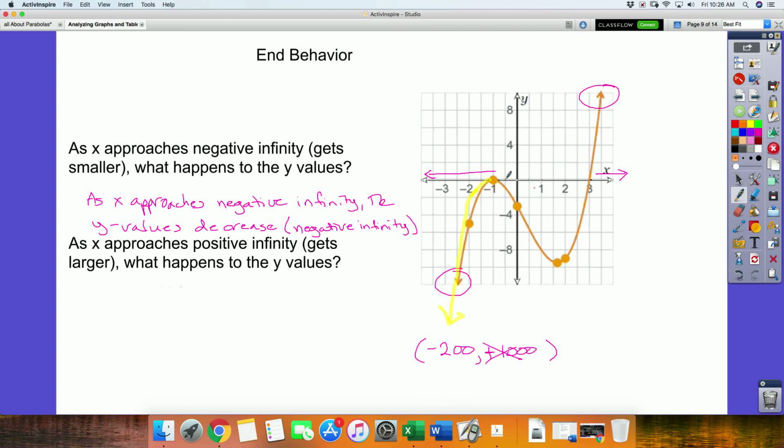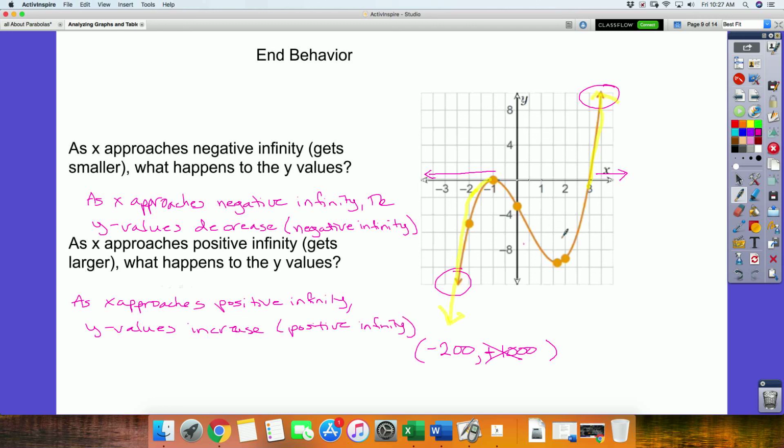So now if we look going this way, as my x is getting bigger, bigger, bigger, I notice my y's are also getting bigger. So as x approaches positive infinity, my y values increase, or they go to positive infinity.